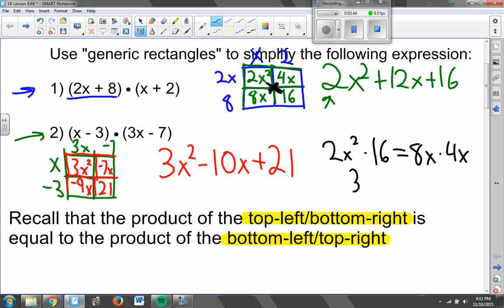Both of these end up being 32x squared. That's going to be very important for us. The bottom left, top right, top left, bottom right multiplication rule is going to be important for us factoring quadratics today. So that's what we're going to look at now.